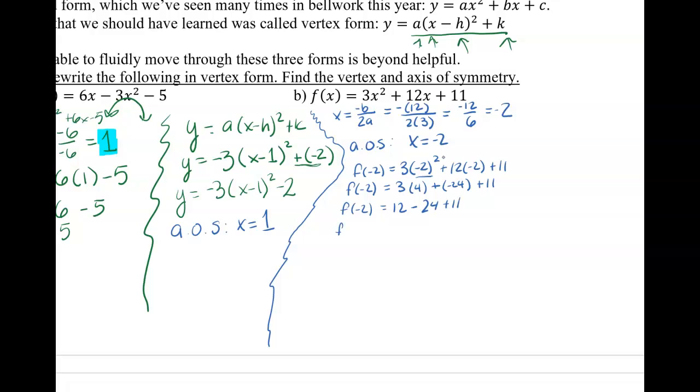So then I get f of -2 is equal to -12 plus 11, because when I have just addition and subtraction, I do both of them at the same time, working in order from left to right, because again, PEMDAS is always parentheses, exponents, multiplication and division at the same time. You work that from left to right.